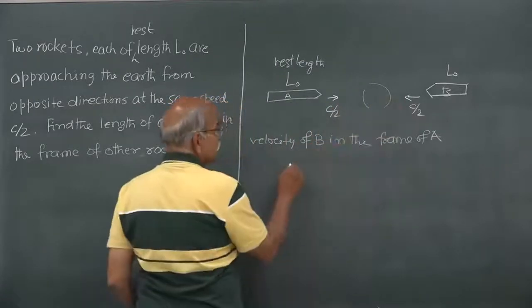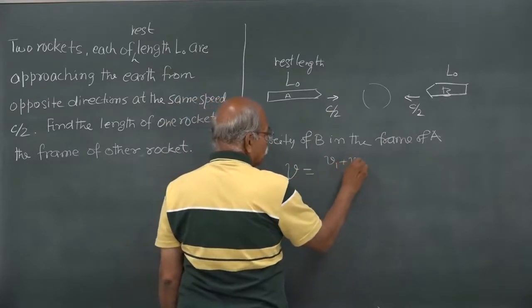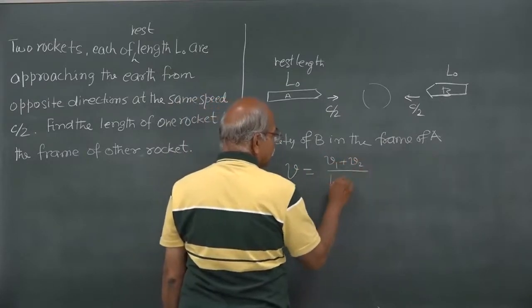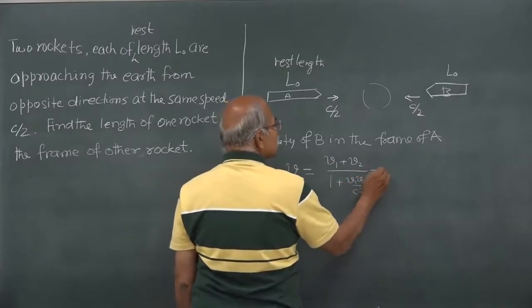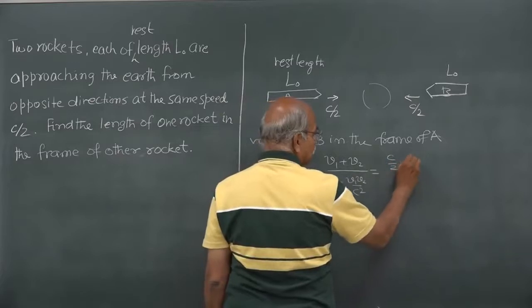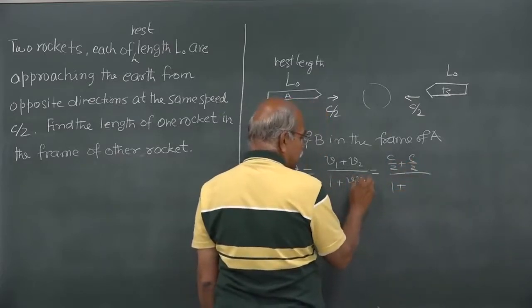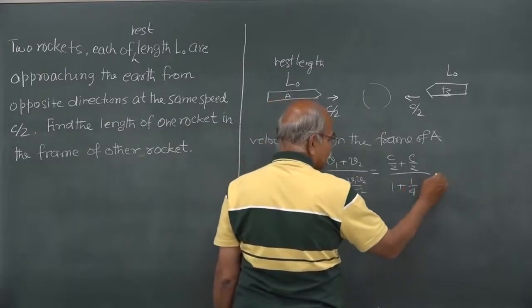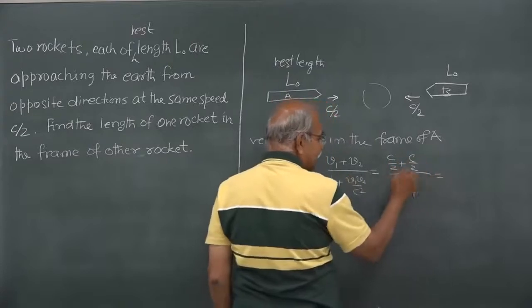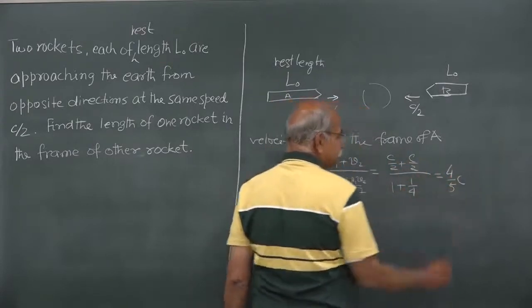But here V will be equal to V1 plus V2 divided by 1 plus V1 V2 by c square, that is the equation. So, c by 2 plus c by 2 divided by 1 plus c by 2 into c by 2, so that is 1 by 4, and then c square by c square is 1. So, it is c, this is 5 by 4, so it is 4 by 5 c.